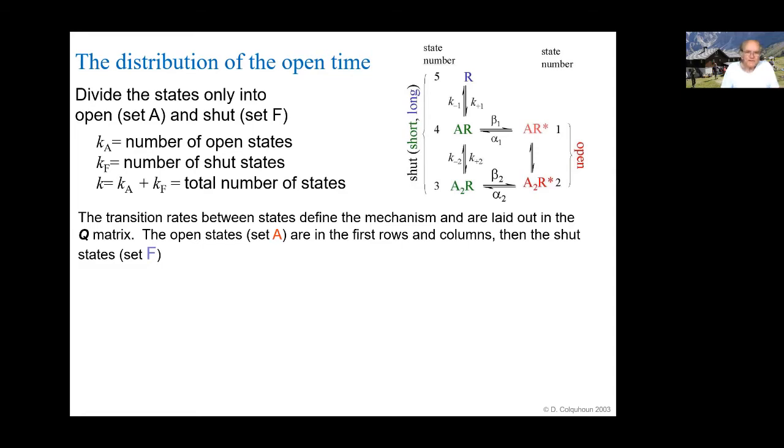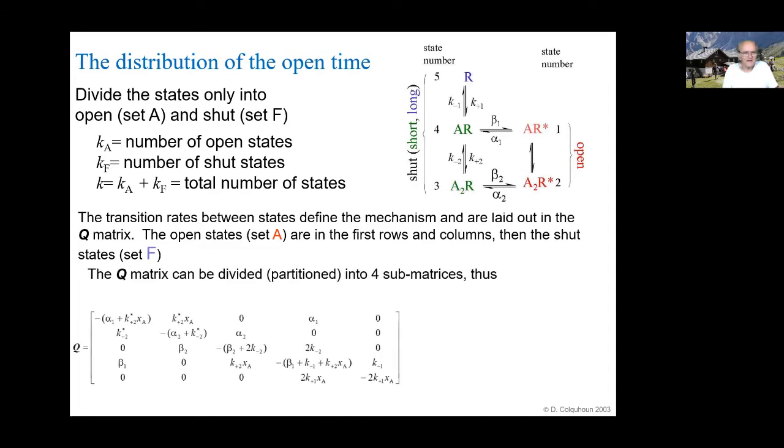Well, the transition rates between states are defined by the mechanism, and they're laid out in the Q matrix, as we've seen before. We always number things such that the open states, that's the ones in set A, have the lowest numbers, then the shut states have the higher numbered states. And if that's the case, then we can subdivide, partition the Q matrix in this way.